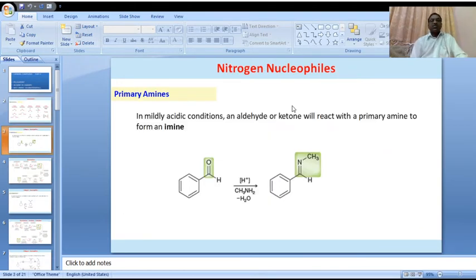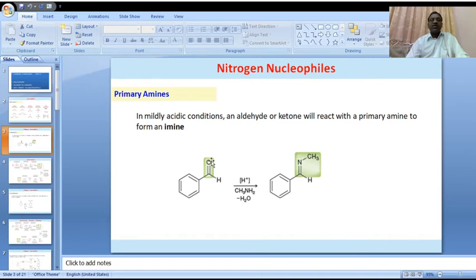Here, primary amines, nitrogen containing nucleophiles. In mildly acidic condition, an aldehyde or ketone will react with the primary amine to form an imine compound.